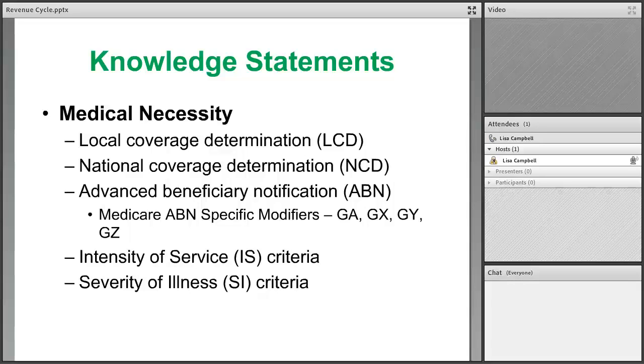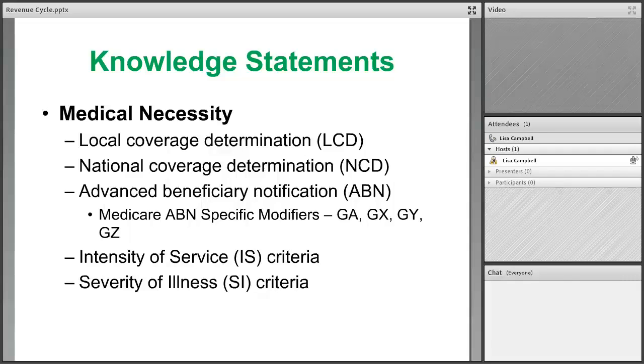Now, this can also work in the reverse. We know that Medicare is not going to pay for the service, and we don't issue the patient the ABN. And so we don't have these modifiers attached to that particular service on the claim form. Then guess what? No ABN, you can't bill the patient.